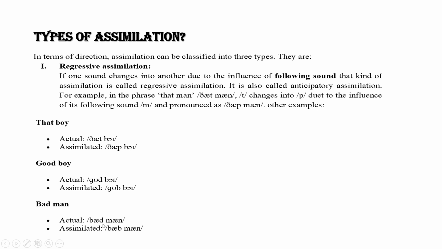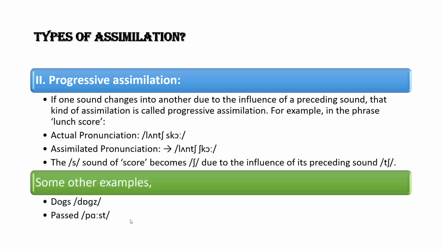Even here, the d of bad changes into b because of the influence of the following sound, that is m. So, if one sound changes into another sound because of the impact of the following sound, that type of assimilation is called regressive assimilation. I think to some extent you have been clear about the concept of regressive assimilation.